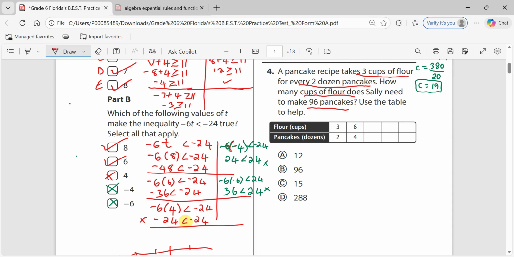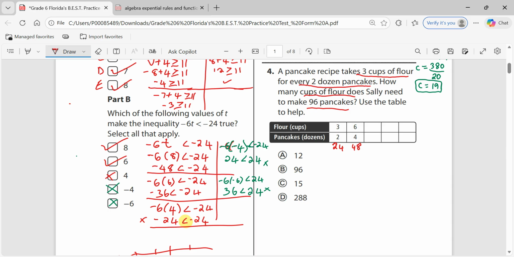All right, so I'm going to do it both ways. If I was using the table, I know that it's 3 for every 2 dozen pancakes. Well, how much is actually 2 dozen? A dozen is 12. So 2 dozen is actually 24 pancakes. 4 dozen is actually 48 pancakes.